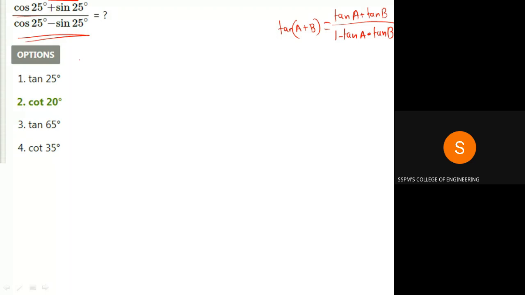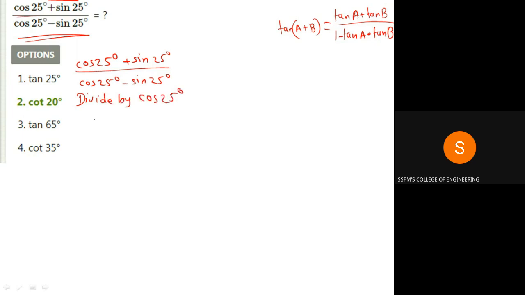So first we will write the example: cos 25 degree plus sin 25 degree divided by cos 25 degree minus sin 25 degree. To convert them into tangent, we will divide by cos 25 degree.